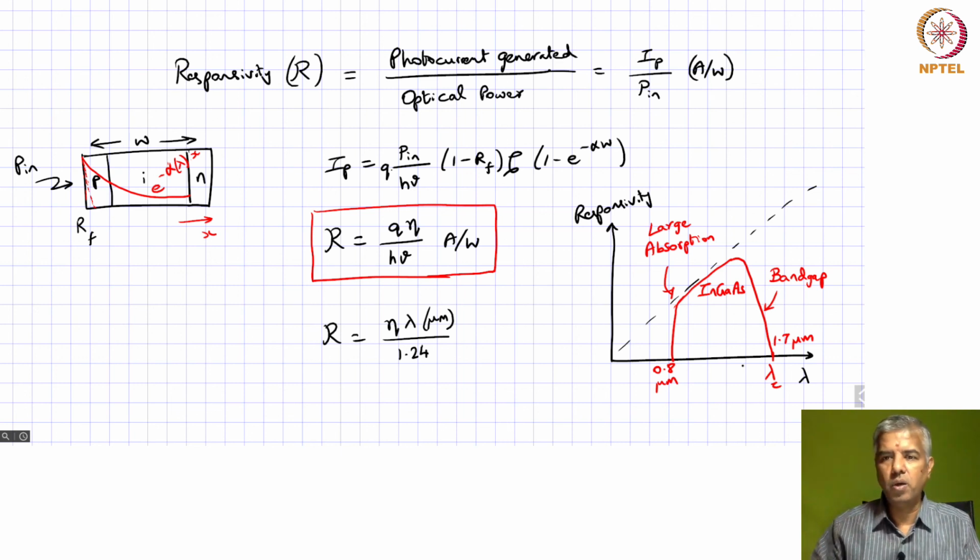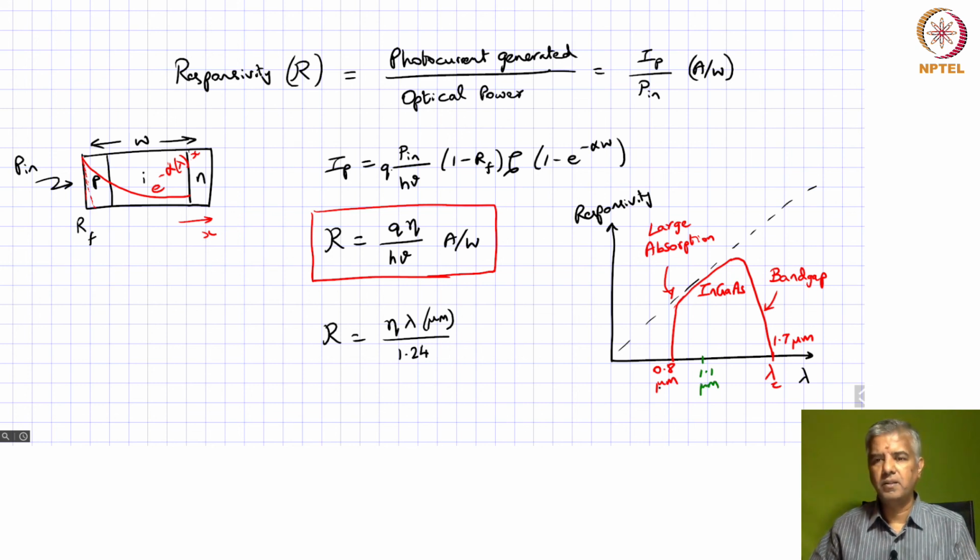But if you have sensing applications where you are using visible radiation, okay, which is like 0.4 to 0.7 microns and so on, you are not able to detect that using indium gallium arsenide detectors. So what you use there is a silicon photodiode. For a silicon photodiode, the cutoff is at about 1.1 micron.